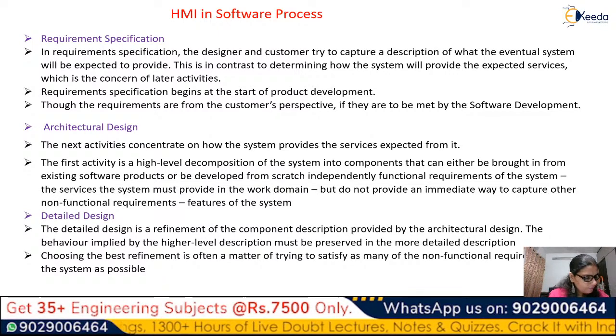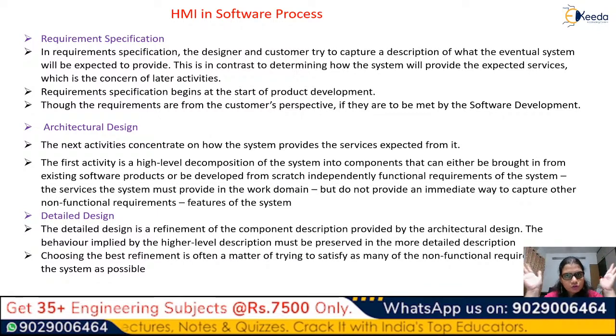Then I have a detailed design. Detailed design is another refinement: okay, my entire structure is built, now decompose it more, break it into more pieces, right? Detailed design is a refinement of a component description provided by the architectural design.